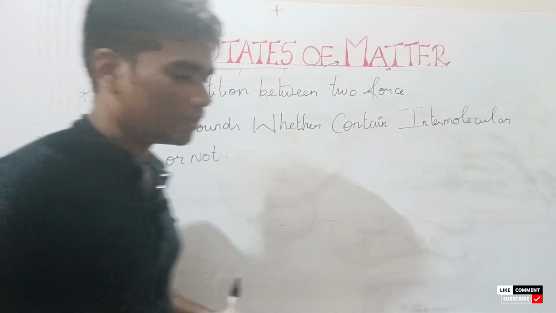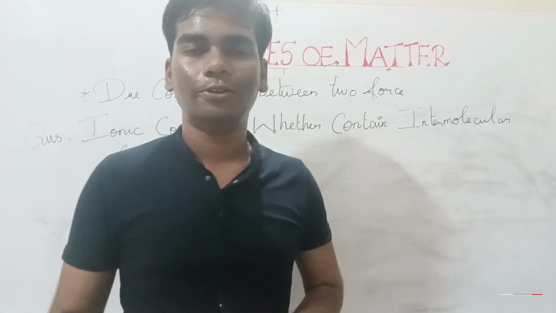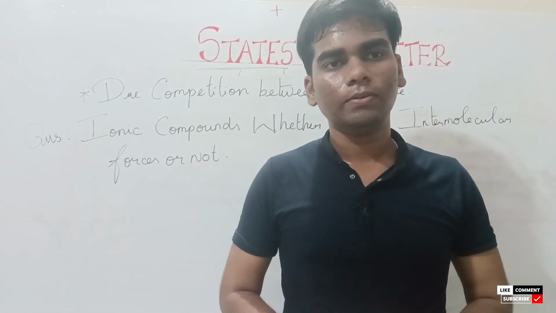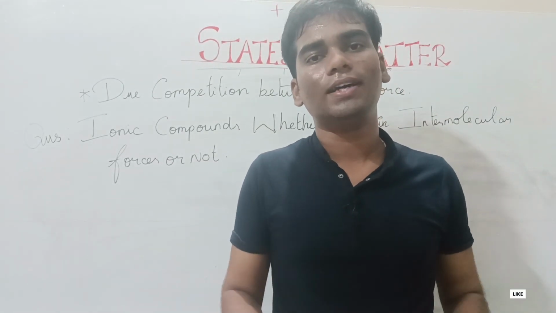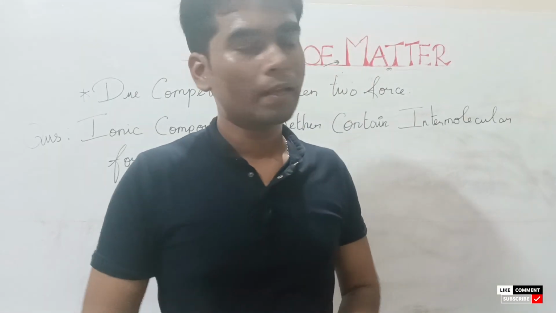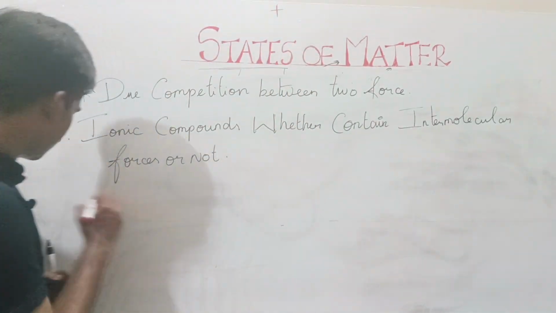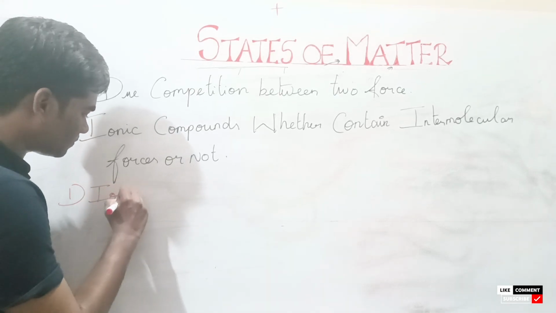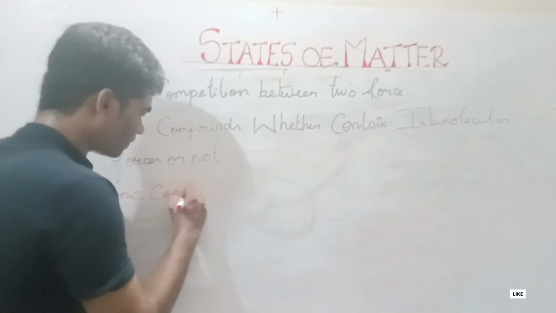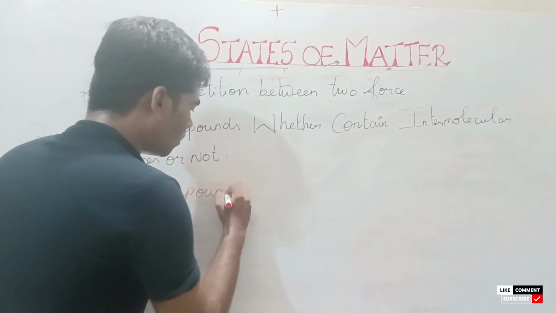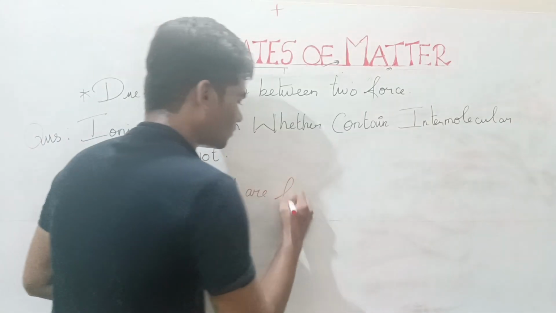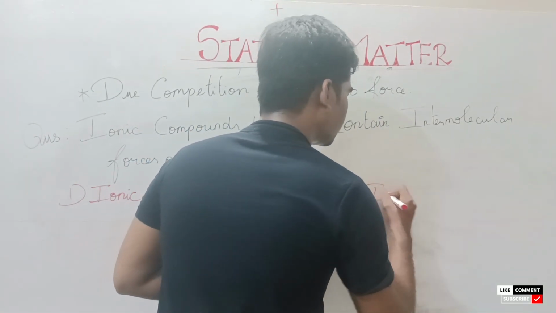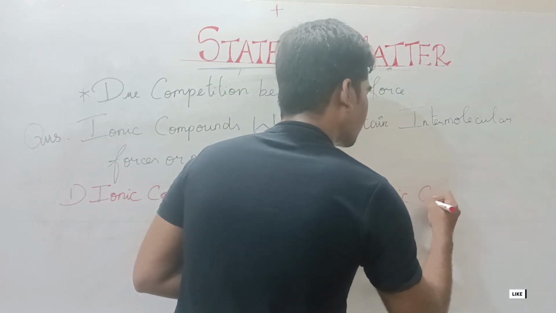My dear friends, to answer this question, you need to understand the first condition. In an ionic compound, the compound is formed as an ionic crystal. That is the first thing you need to understand. Ionic compounds are formed as ionic crystals.